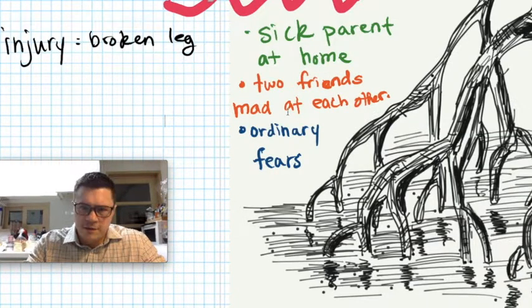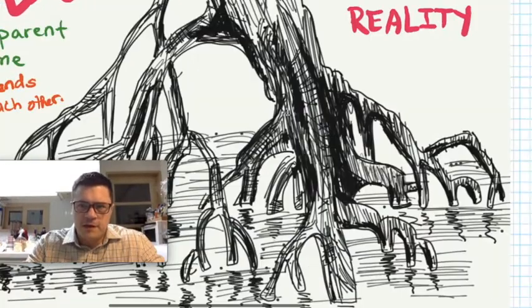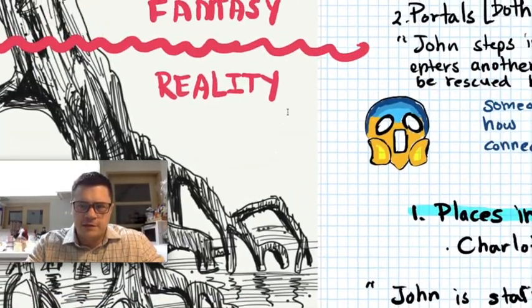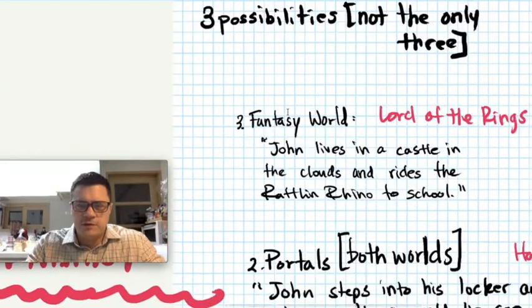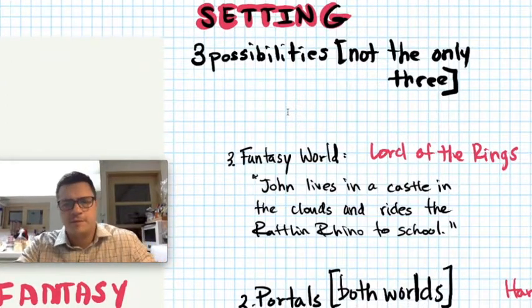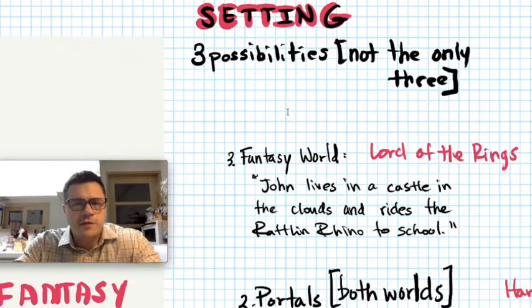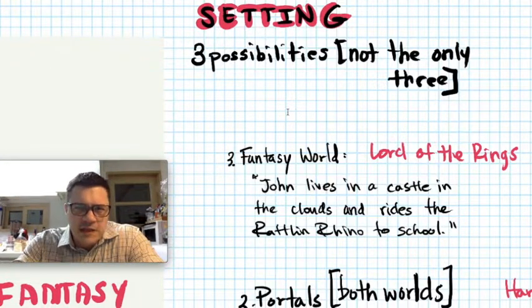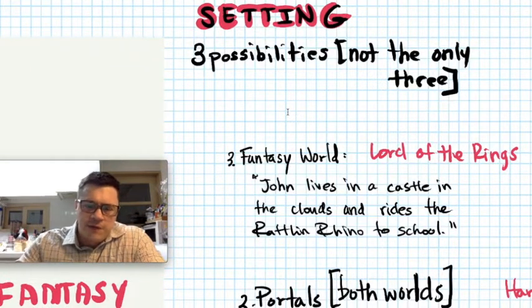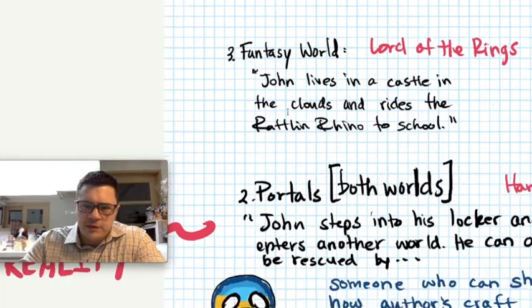Another method of generating ideas is related to the setting. One way to generate ideas or develop a story is to think deeply about the setting and what might happen there, what might be there, and what it might look like. I have 3 examples for you, and these are common examples.